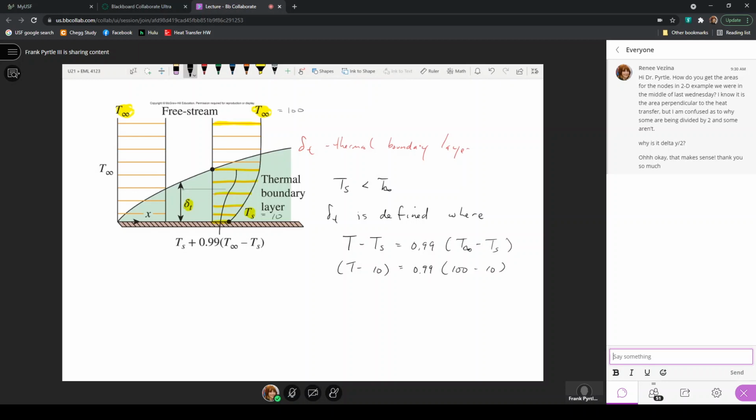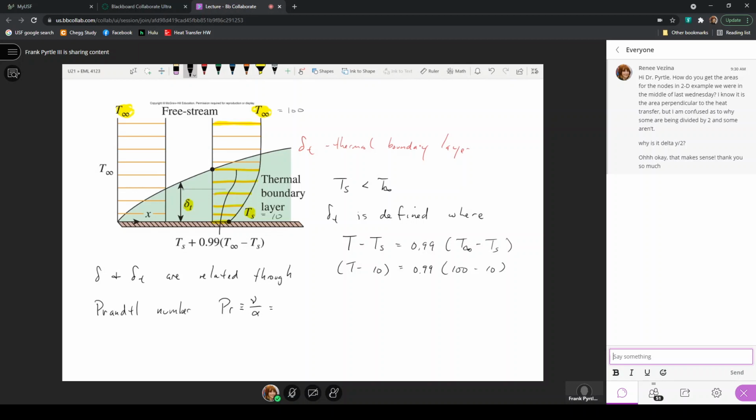So delta and delta sub t are related through what is called the Prandtl number, Pr, another dimensionless quantity, and it is defined as the kinematic viscosity nu divided by the thermal diffusivity alpha.